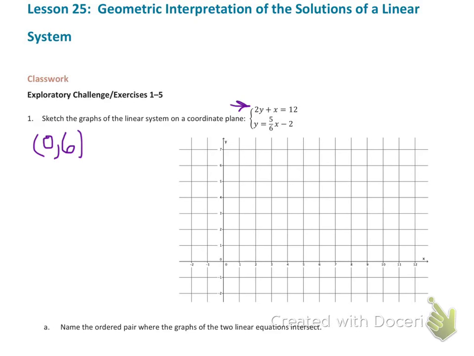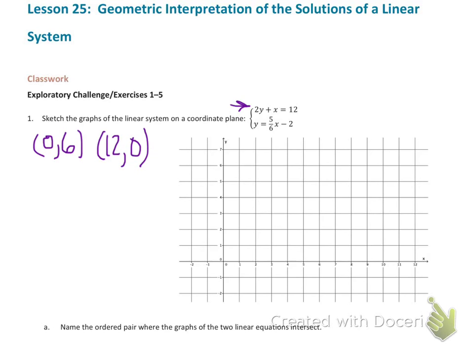And then the x-intercept is the point where y is 0. If I let y be 0, then this term becomes 0, and my equation is x equals 12. So I would have the point 12, 0 and the point 0, 6. I can go ahead and graph those.